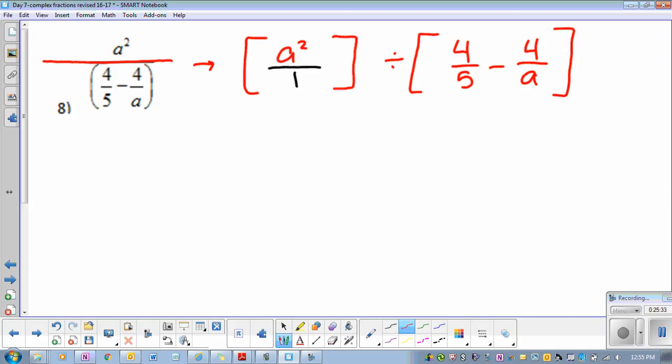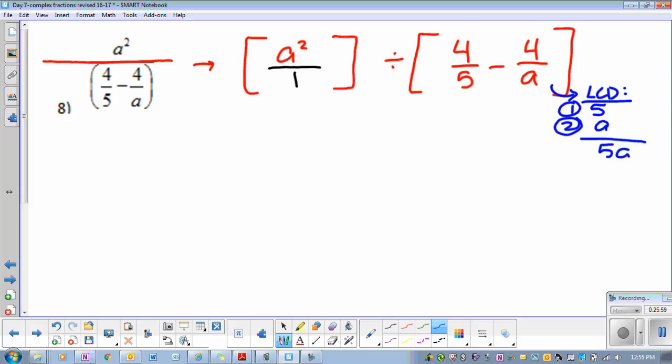Okay. Do I need to do anything to the numerator? No. The first bracket? No. I need to subtract within my denominator. So LCD is what? Good. Fraction 1, the denominator is 5. Fraction 2, the denominator is a. So your LCD is 5a.